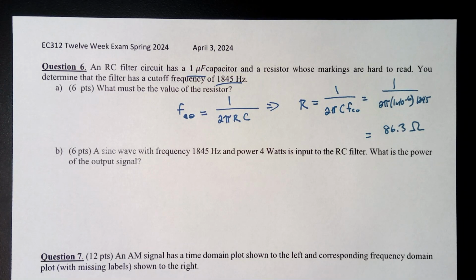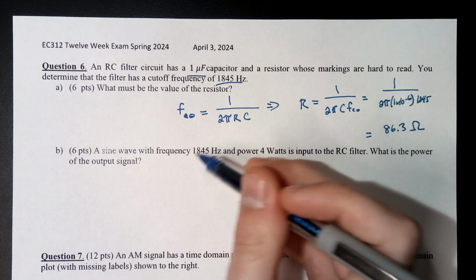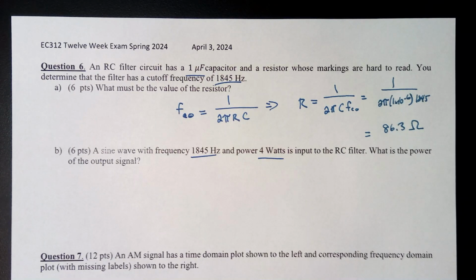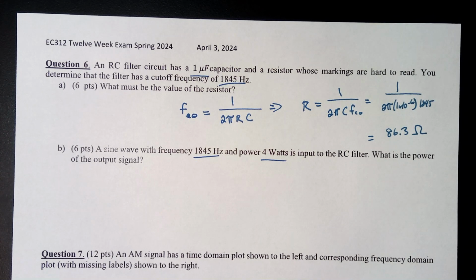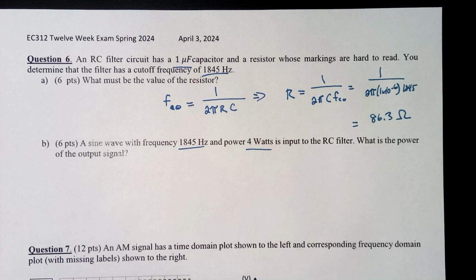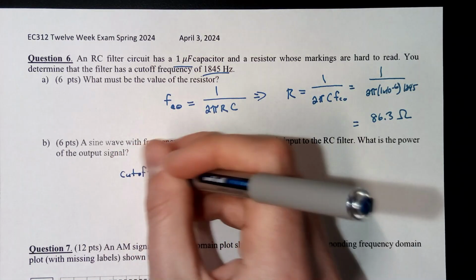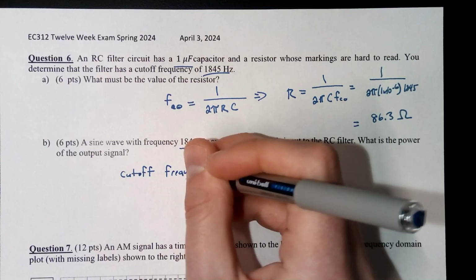And then part B, a sine wave with frequency 1845 hertz and a power of 4 watts is input to the RC filter. What is the power of the output signal? So this is something you should know from the notes. And again, it's a good cheat sheet thing to write down if you don't remember this, which is that the cutoff frequency, because we are not using an ideal filter, right?